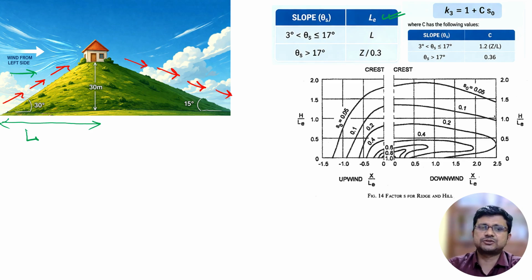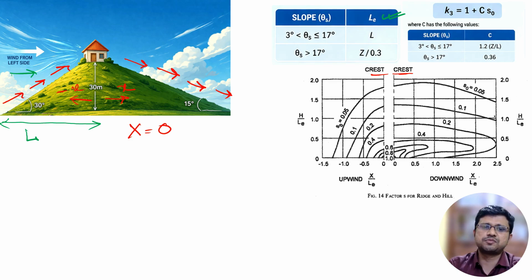But our building is actually located at the top portion of the topographic feature, which is the crest. So here this is the position of our building. So for our building, x will be 0. X is the distance from the crest point. Here this distance will be x, this or this. Along the upwind slope it will be negative.